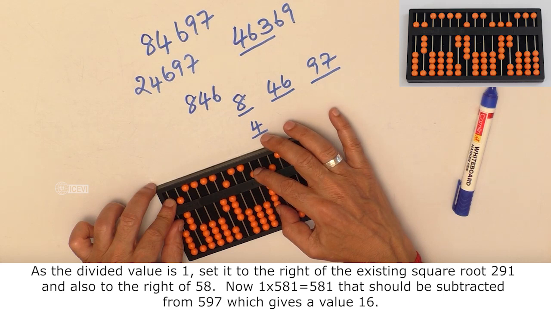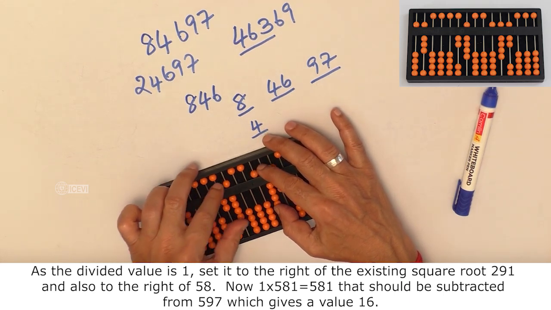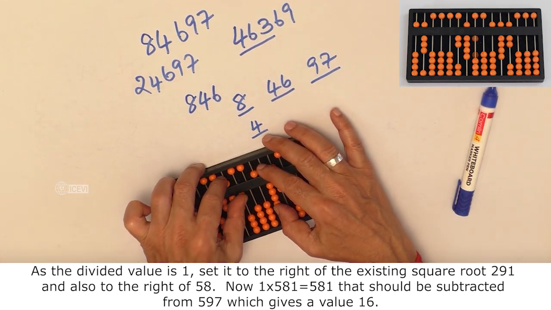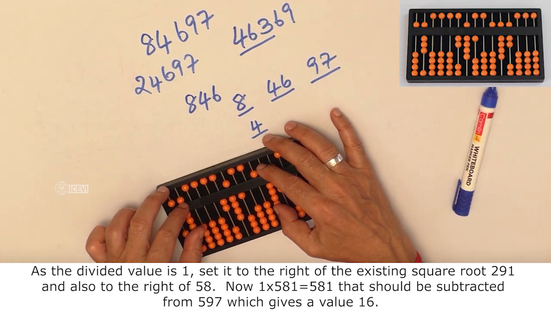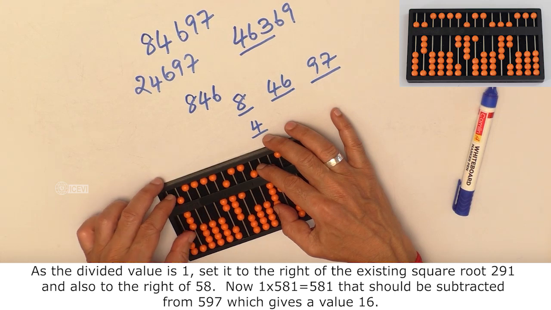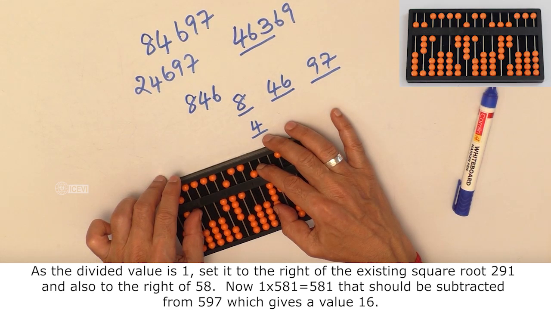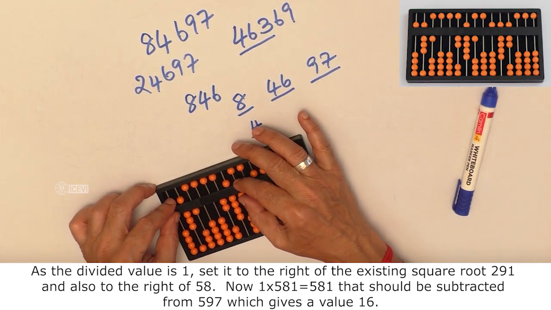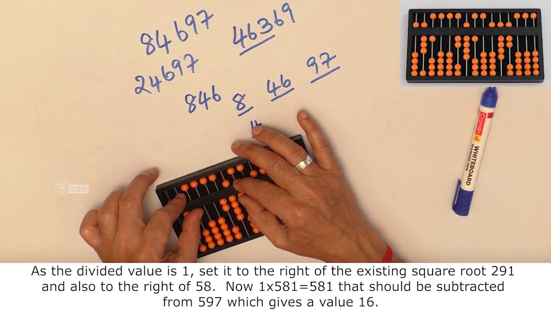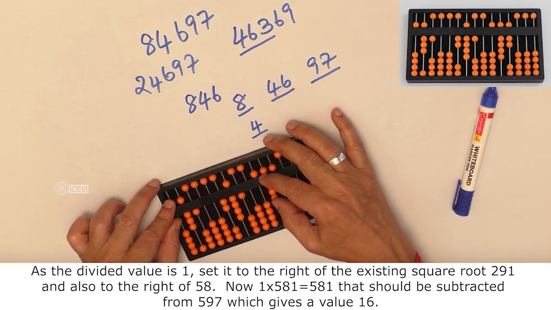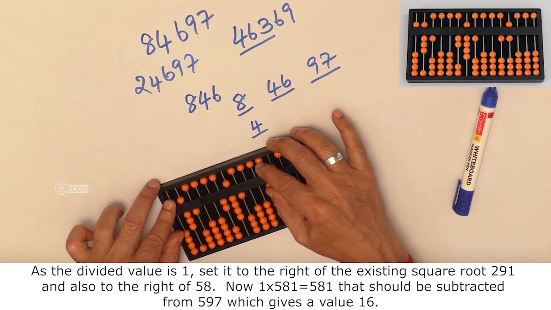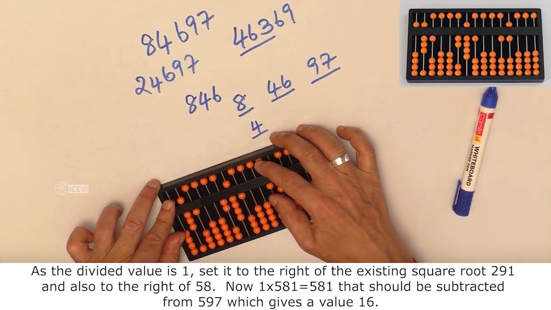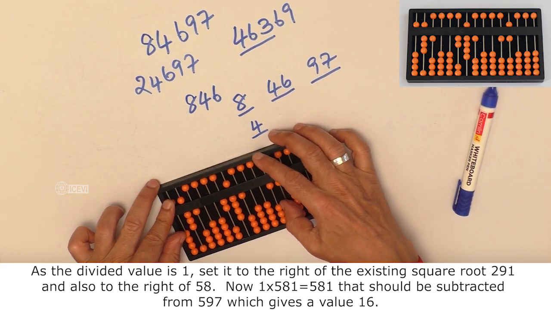As the divided value is 1, set it to the right of the existing square root, which will make it 291, and also set that to the right of 58. Now 1 multiplied by 581, that should be subtracted from 597, and you will get the remainder as 16.